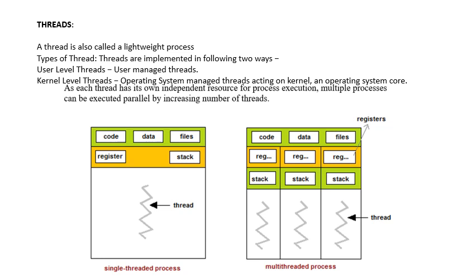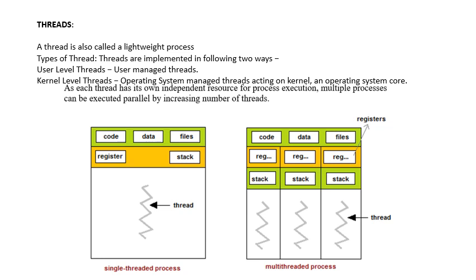But if a process has multiple threads, it can perform more than one task at a time, as you all know. In simple terms, a thread is also called a lightweight process, or a tiny process. Threads are implemented in two ways. One is user level threads, and the second is kernel level threads.